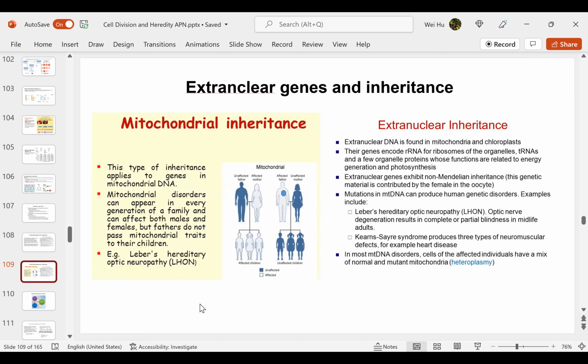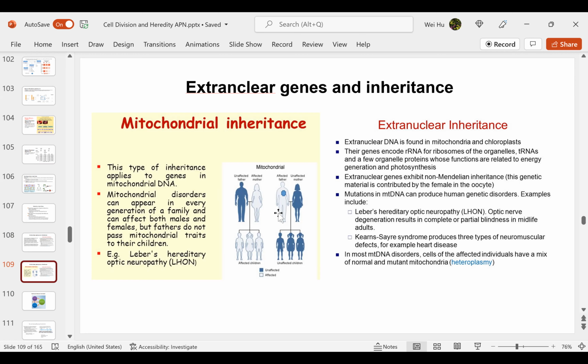Okay, so now you can see here. So let's see this left side. Your father is unaffected. Your mother got the mitochondrial genetic disease. So you can see all of the children got the disease because in all of the children's cells, the mitochondria is from your mom.